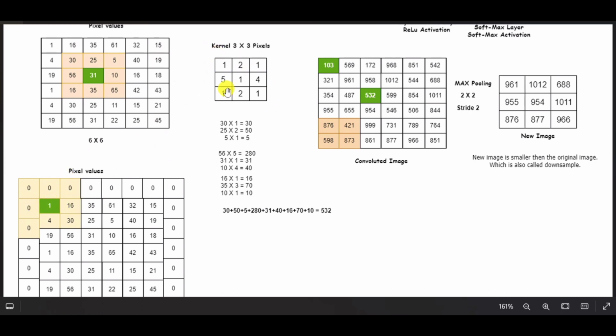In the same way, 0 times 5, 1 times 1, then 16 times 4, 0 times 1, 4 times 2, and 30 times 1. After that, in the same way, we finally have the sum, which equals 103.